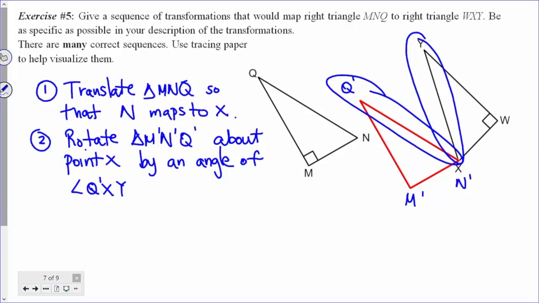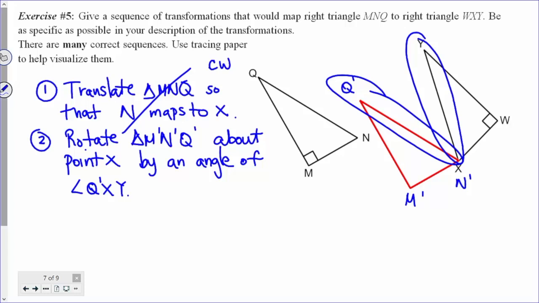I really should say I'm going to rotate counterclockwise. Oh no, it's actually clockwise. So I'm going to rotate this up, rotate it up.